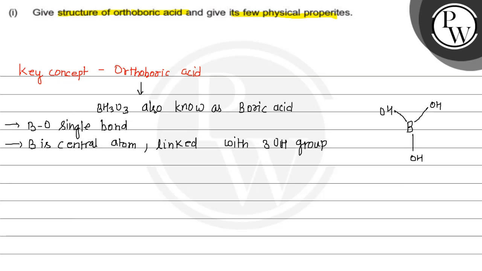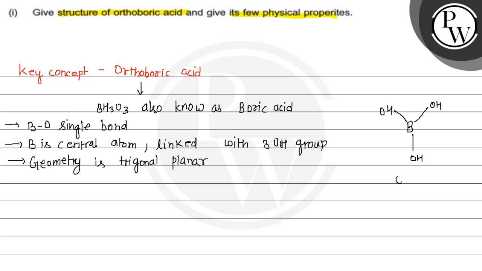The overall molecular geometry of boric acid is trigonal planar. The structure of orthoboric acid molecule is this.